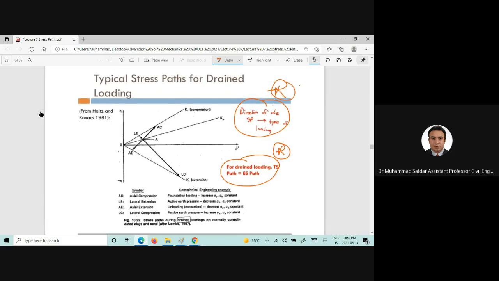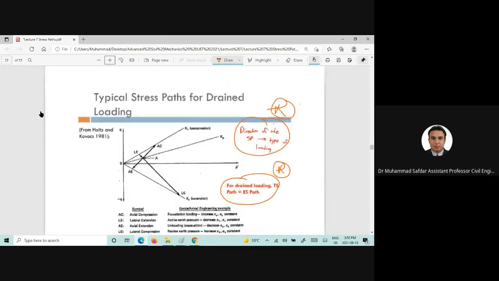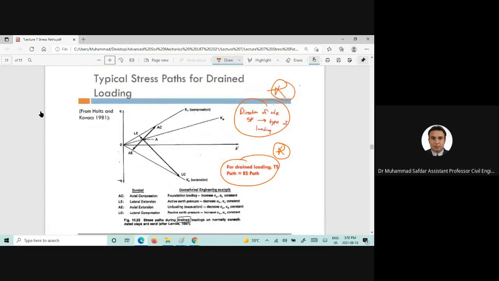Now we are moving towards the practical field applications. For practical field applications, the axial compression stress path will be related to the foundation loading. And lateral extension, this stress path would be related to the active earth pressure condition.